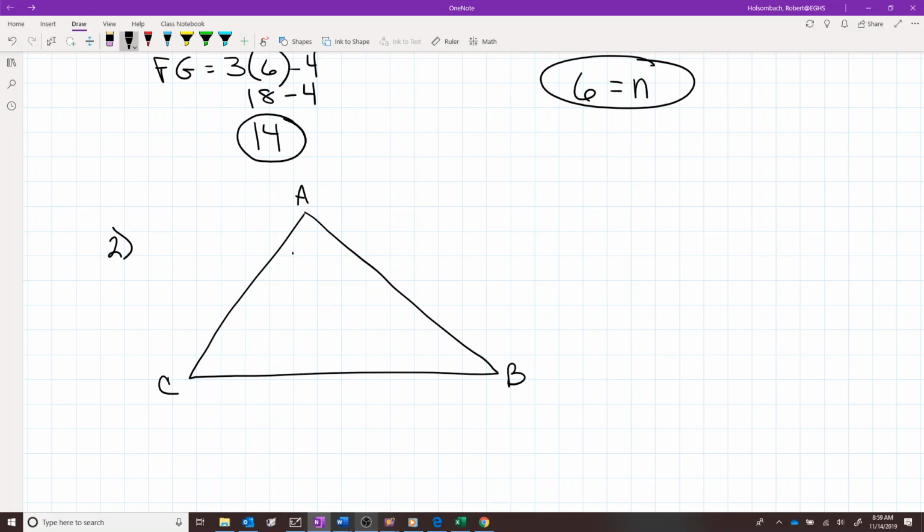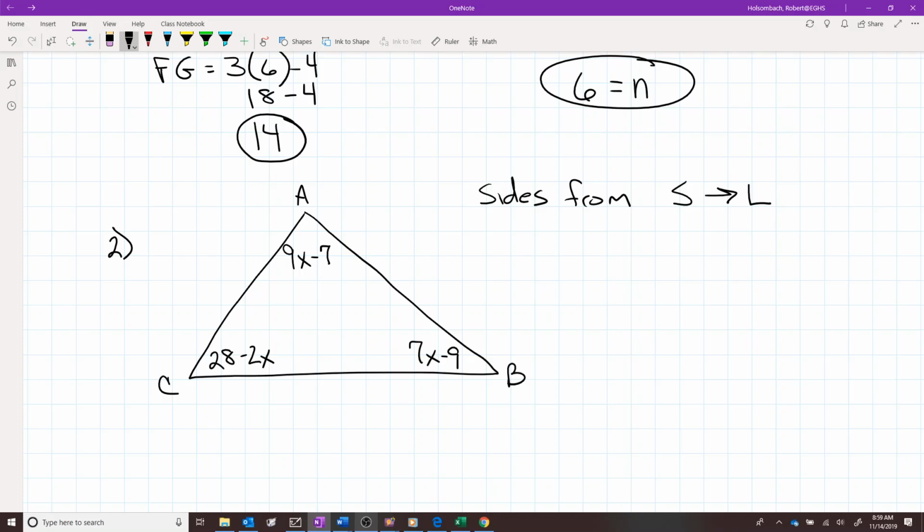Angle A is 9x minus 7. Angle B is 7x minus 9. And angle C is 28 minus 2x. You're asked to list the sides from shortest to longest.